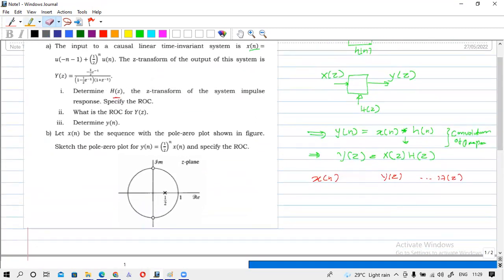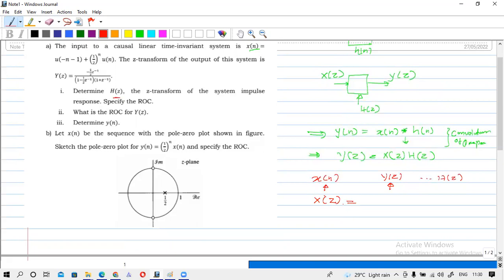So here you have Y(z). Now you are given x[n], which is in time domain, so you have to convert this to Z domain. That means you have to find X(z). That is our first step.